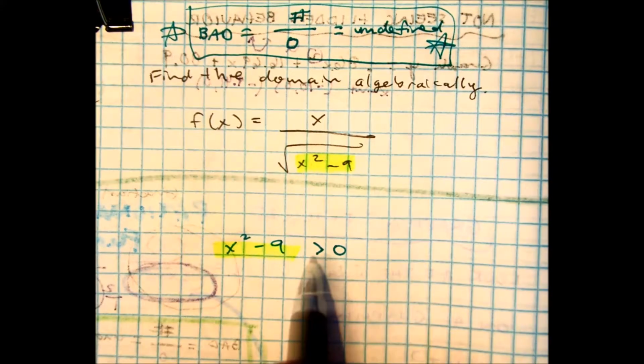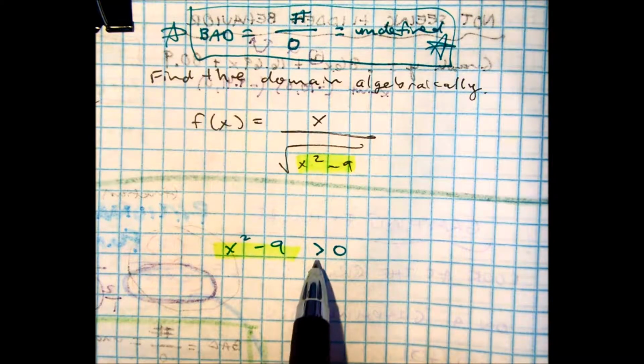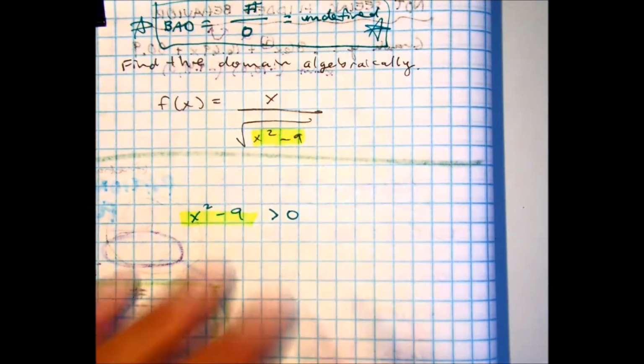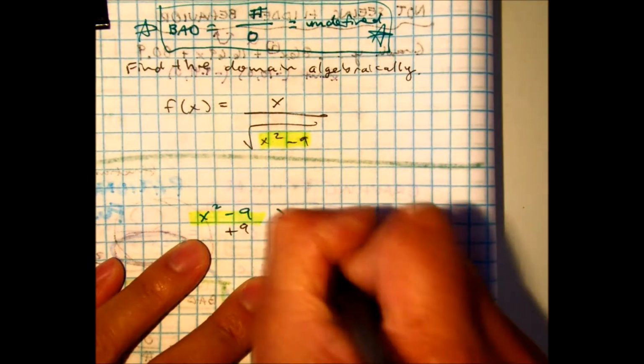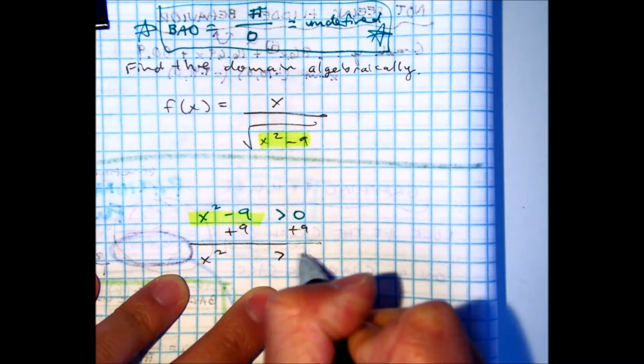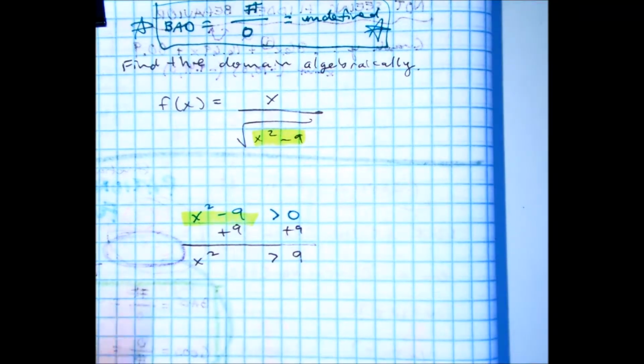Okay, remember how you got kind of scared of the symbol here? Just pretend it's an equal sign. So how would I solve for x? Add 9. I have x squared is greater than 9. How do you get rid of the power of 2 there?